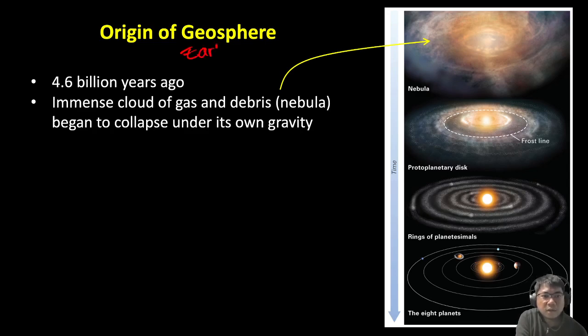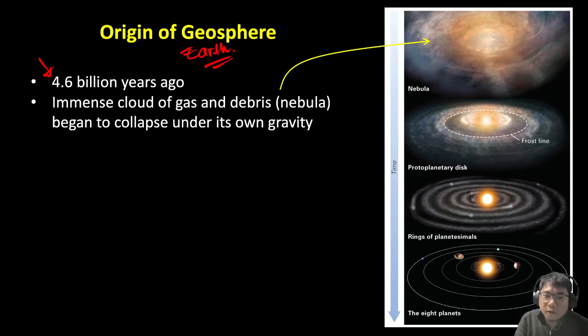So how did the Earth form? That's the big question. Well, I have to start with this fact right here, that the Earth is estimated to be about 4.6 billion years of age, which is pretty old if you ask me.